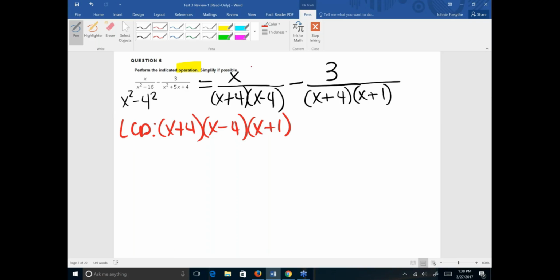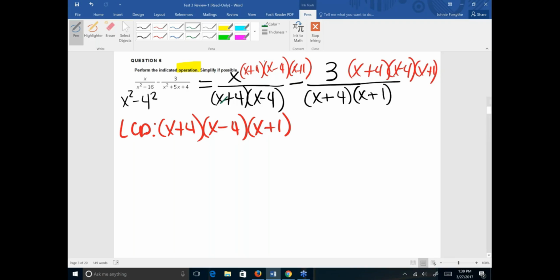So basically I'm multiplying all of this by that LCD, and then this one by my LCD. So let's see what happens.